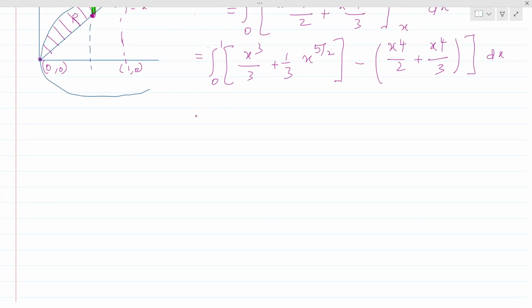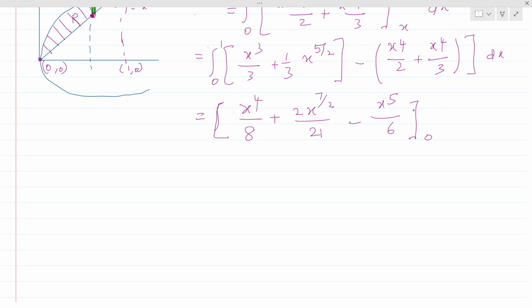After simplification, what is the integration? x power 4 by 8 plus 2x power 7 by 2 divided by 21 minus x power 5 by 6. What is the limit?